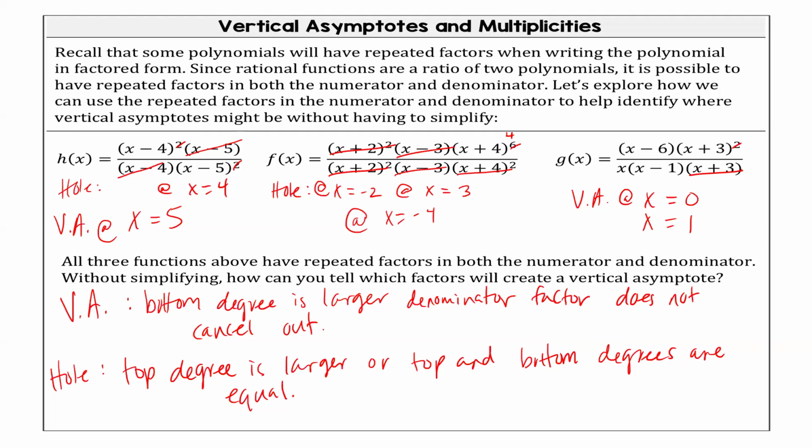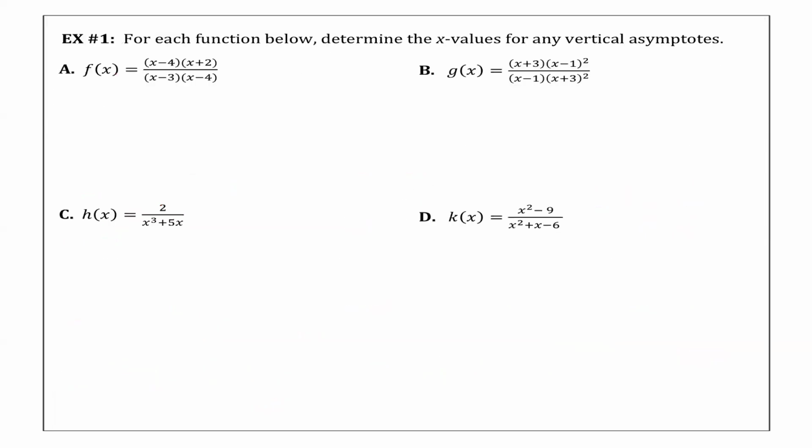All right. So, are y'all ready to practice by yourselves? Oh, here you go. So you're gonna do example number 1, A, B, C, D. I want you to tell me the holes and the vertical asymptotes.